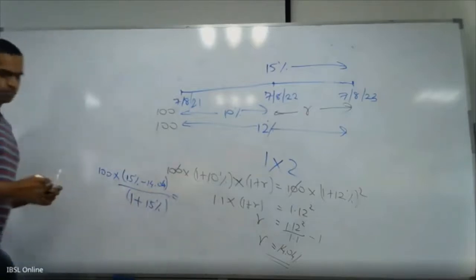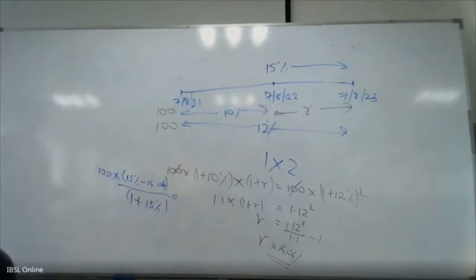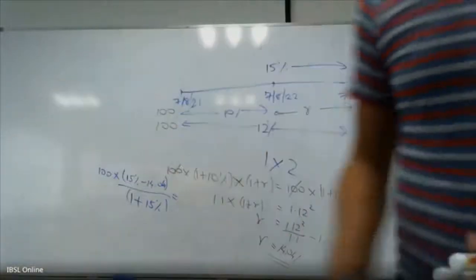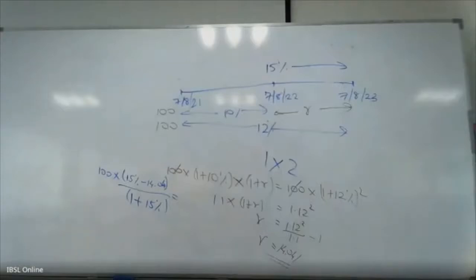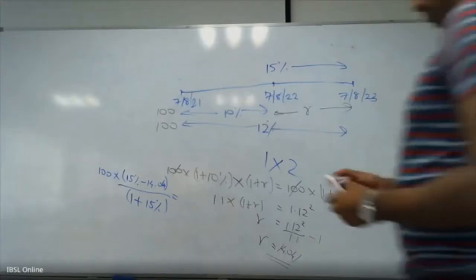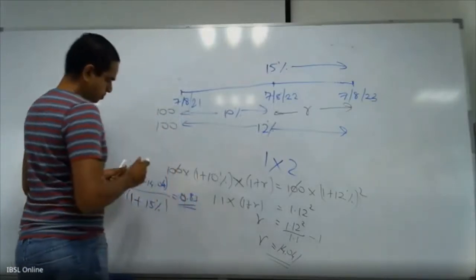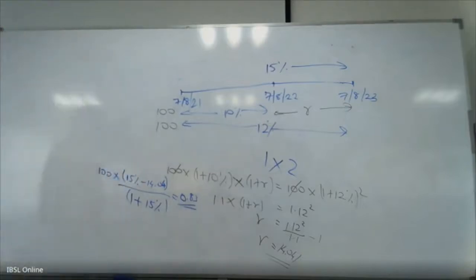That will give you the present value of his benefit. It comes out to 0.83. Okay, so if interest rates go up, he will benefit, and if rates go down, he will lose.